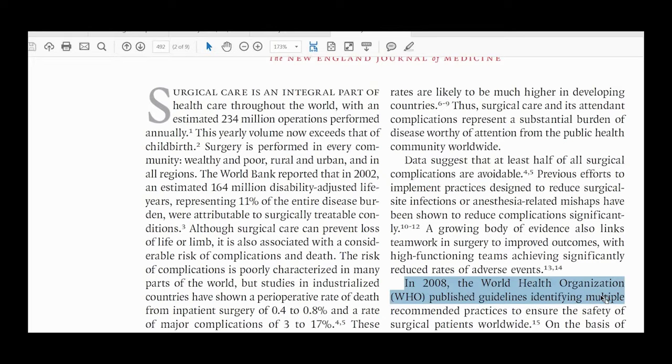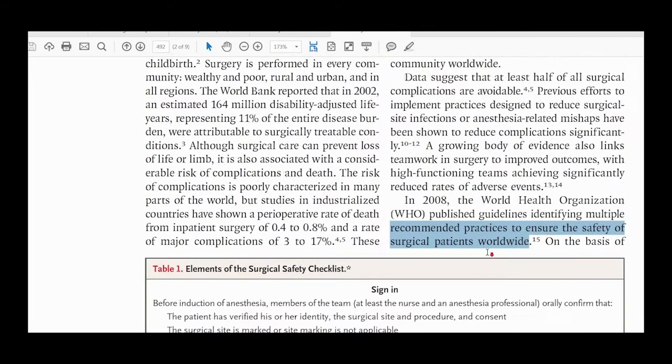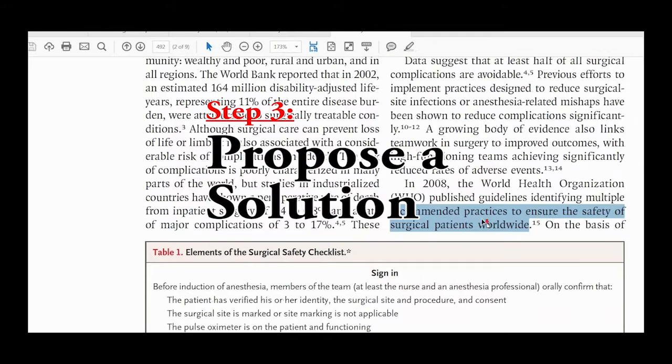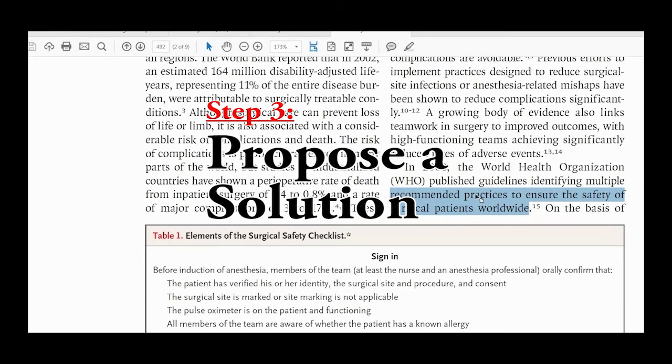And they point out that the World Health Organization has published guidelines identifying multiple recommended practices to ensure the safety of surgical patients worldwide. They open up their own research as a sort of solution, as something that can help reduce the rate of complications in surgical procedures.